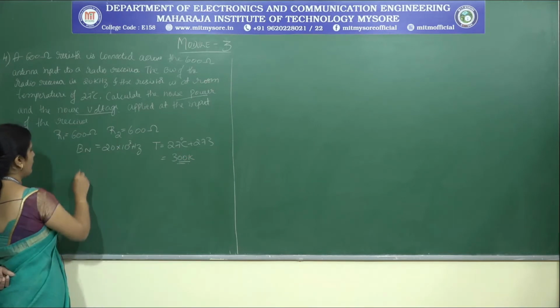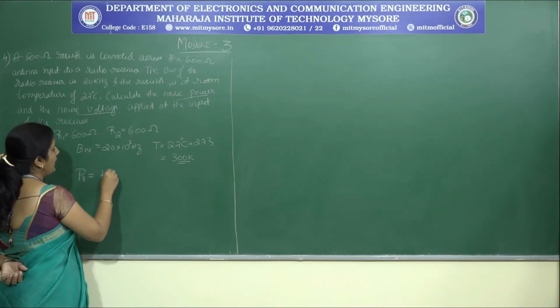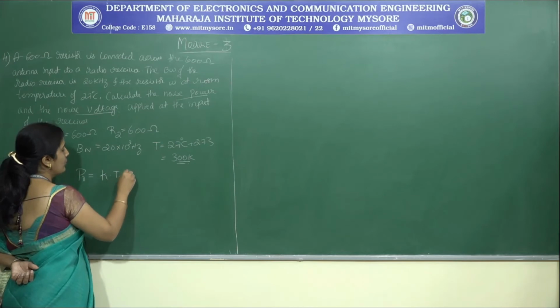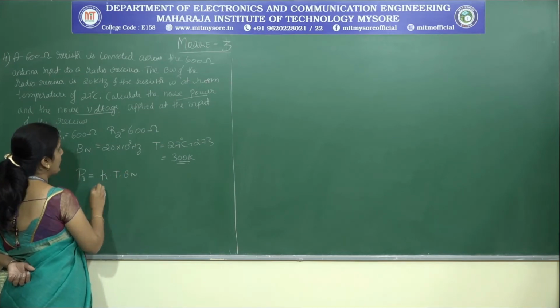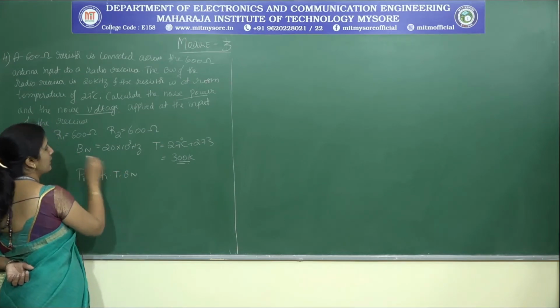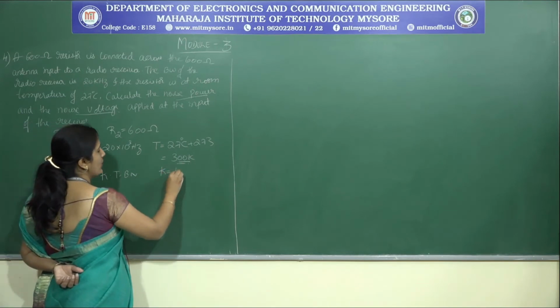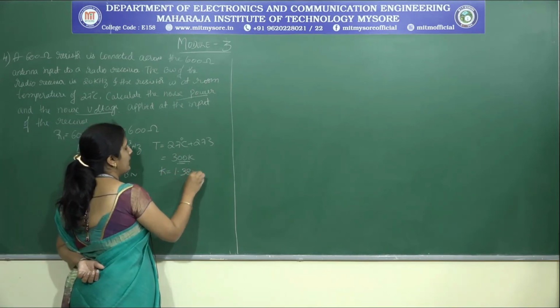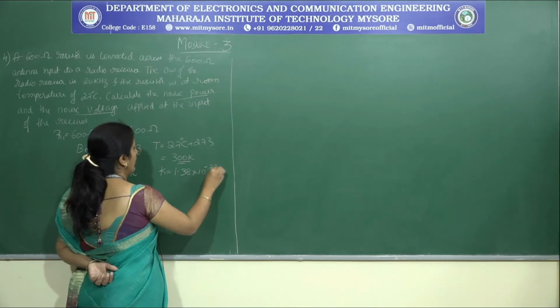That is, noise power is what? Pn is K into T into Bn. Substituting this, we know that Boltzmann's constant K is equal to 1.38 into 10 power minus 23.